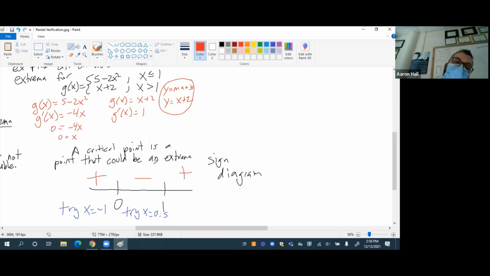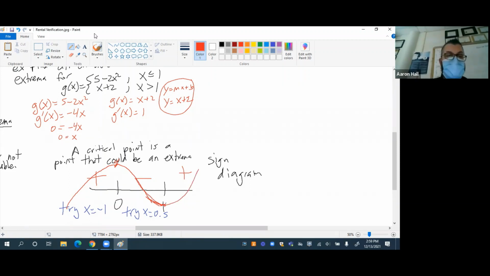What does that say is happening when x is 0? It's a maximum. I have a positive slope here, followed by a negative slope. That's a maximum point. And then what about when x is 1? So negative, negative, negative, and then positive, positive, positive.